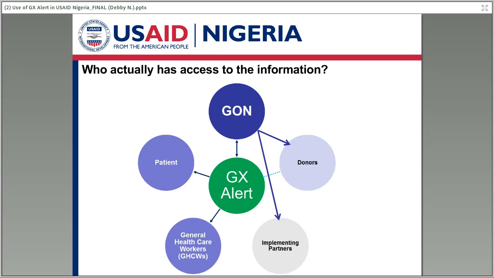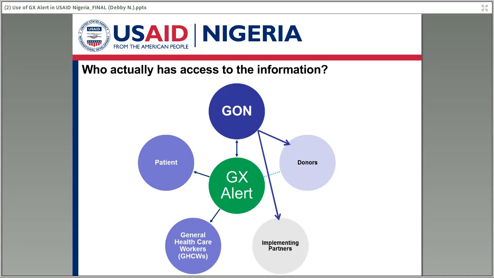And I strongly believe this is a disservice to the system because we have implementing partners who support these sites who are unable to get visibility to the dashboard so that they can tell what's going on in the sites that they support.